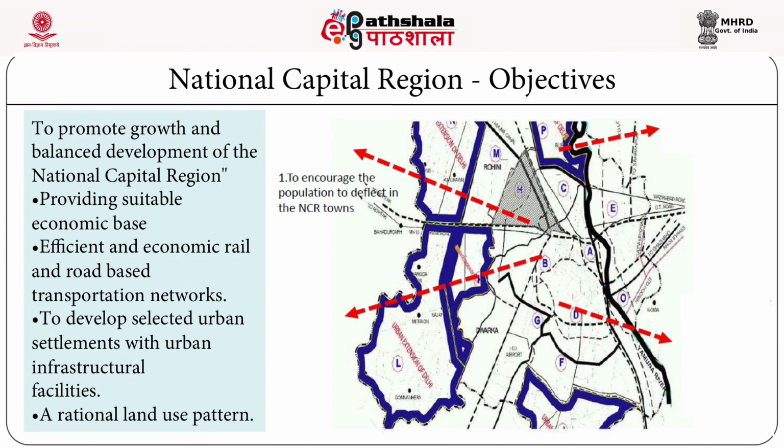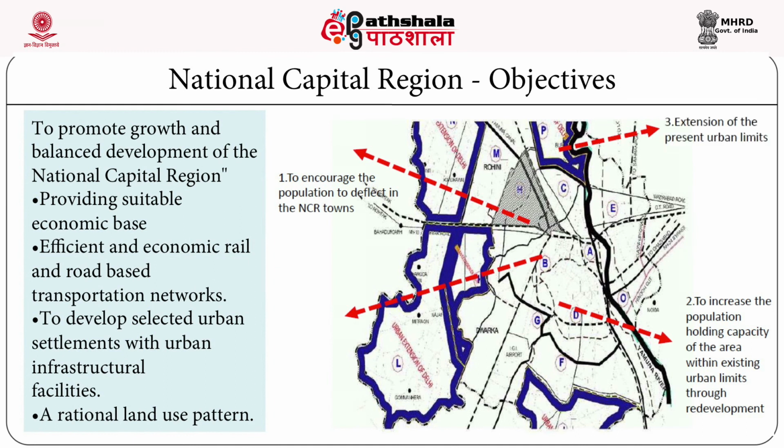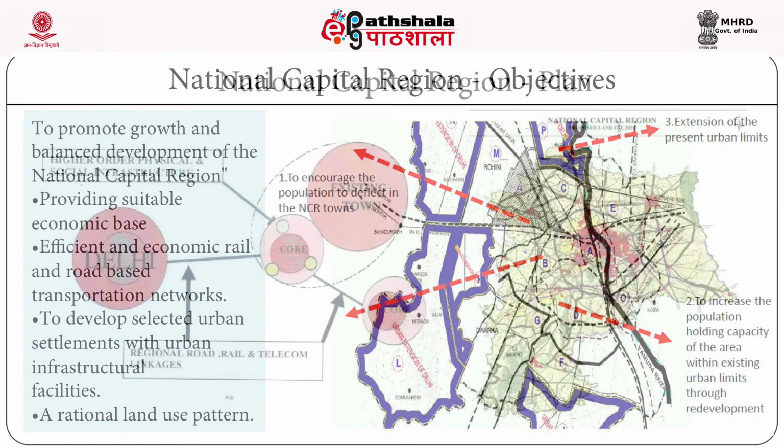Then number two was to increase the population holding capacity of the area within existing urban limits through redevelopment, and the third was extension of the present urban limits. So basically it was about how to manage the growth, and that was what the National Capital Region Plan was all about.